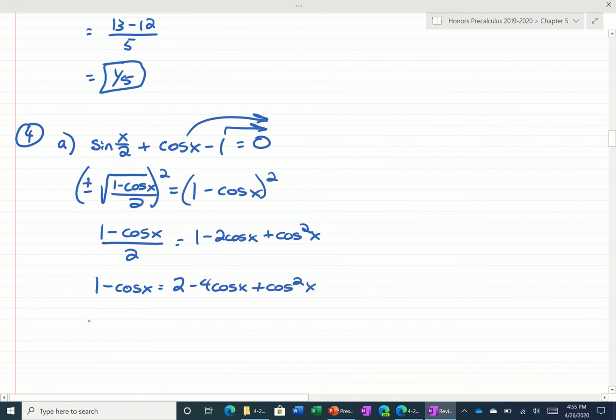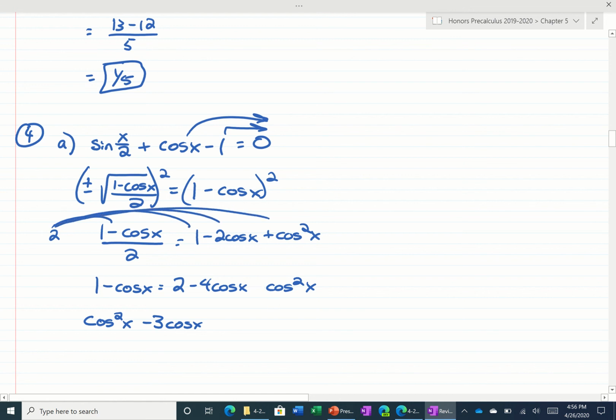And let's get everything on the same side so we can make it equal to 0. Cosine squared of x minus 3 cosine of x. Bring the 1 over plus, let's see, I was moving too fast here. Multiply everything by 2.